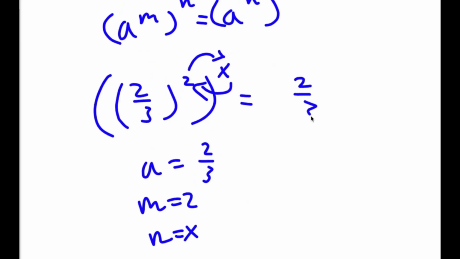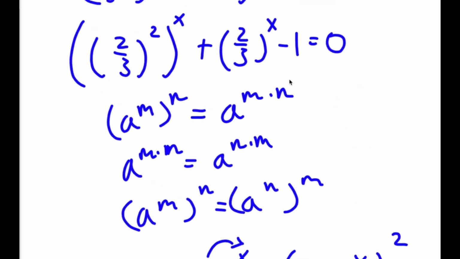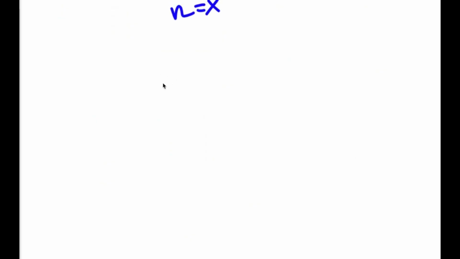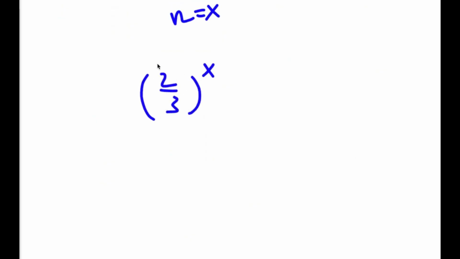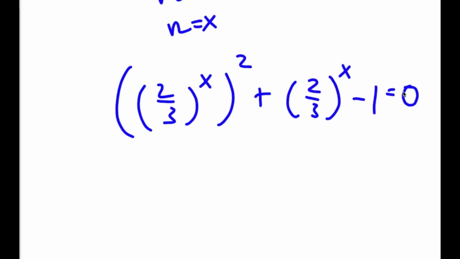So this will get me to (2/3) to the power of x, squared. So now going back to the original equation, I have (2/3)^x squared plus (2/3)^x minus 1 is equal to 0.